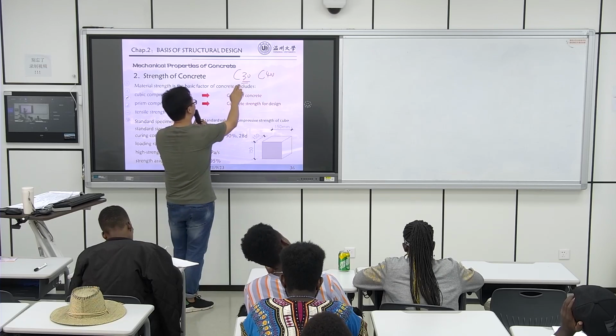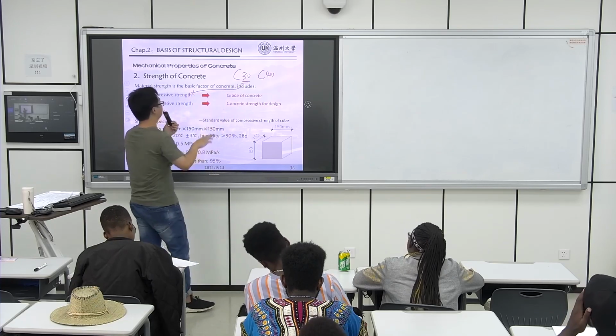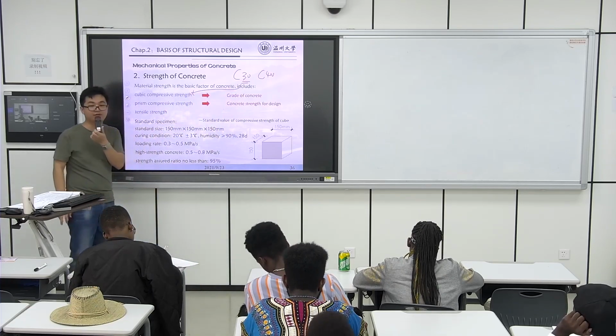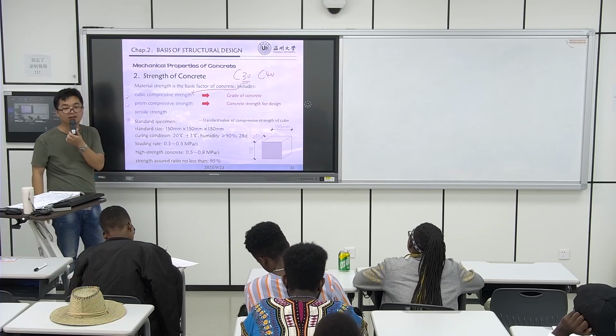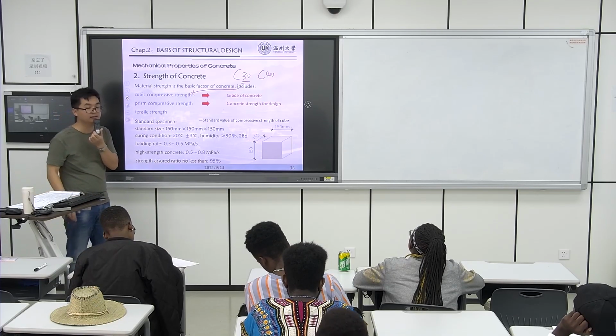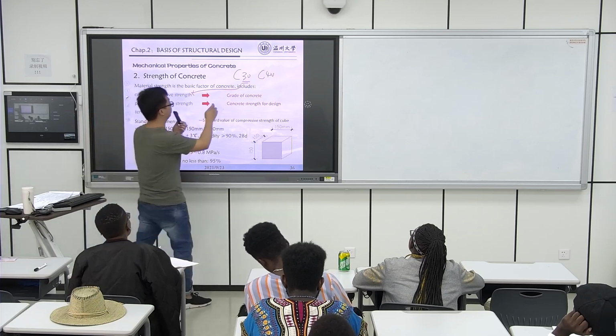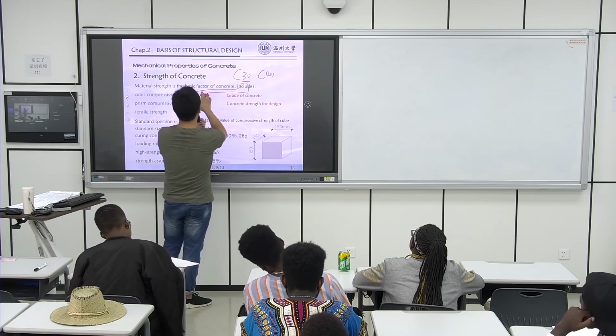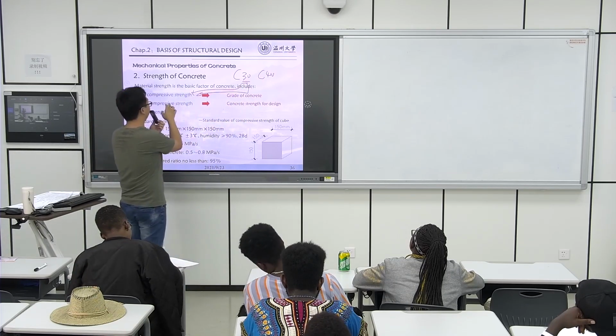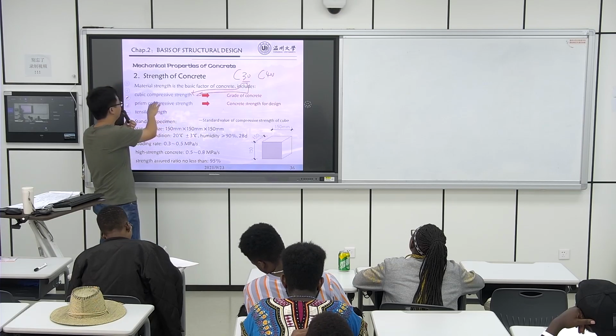But the meaning is also that the cubic compressive strength of this concrete is 30. There is a relationship: the grade corresponds to the cubic compressive strength.